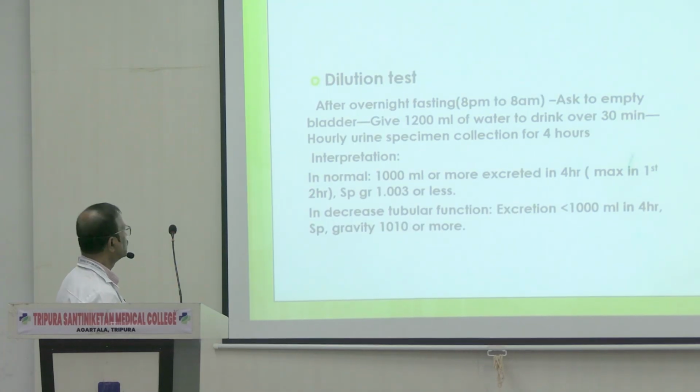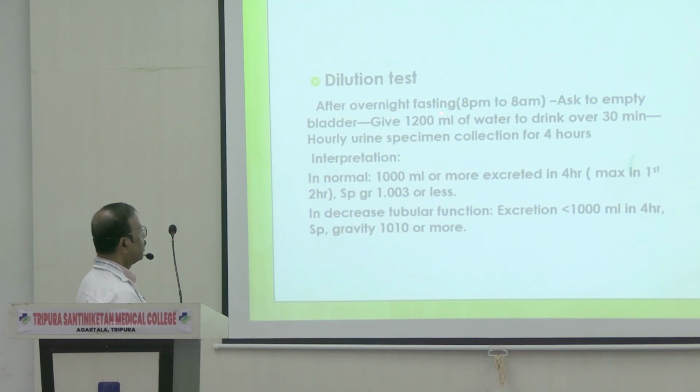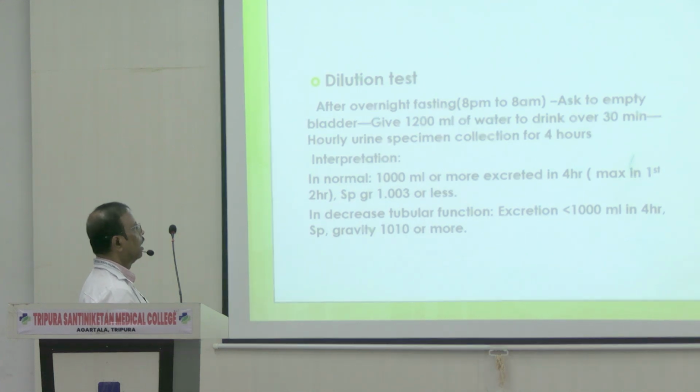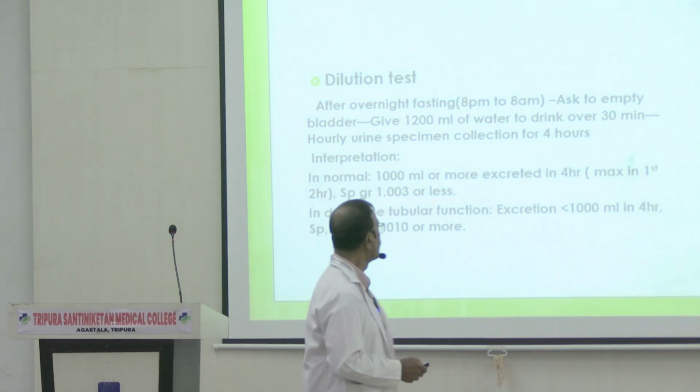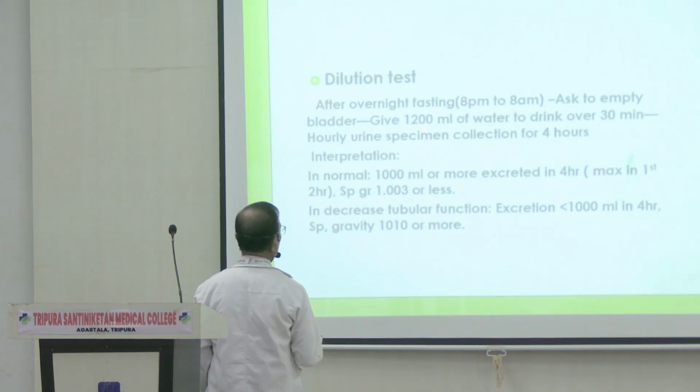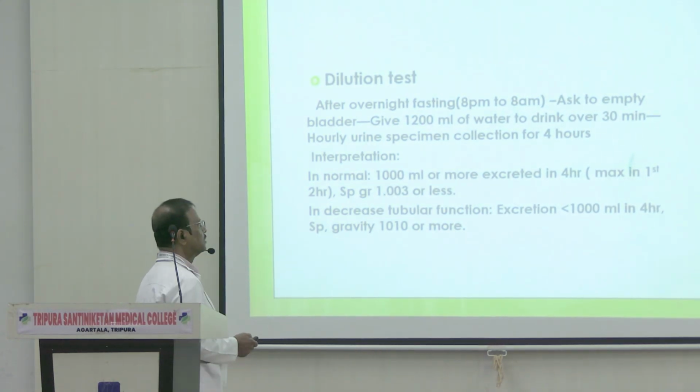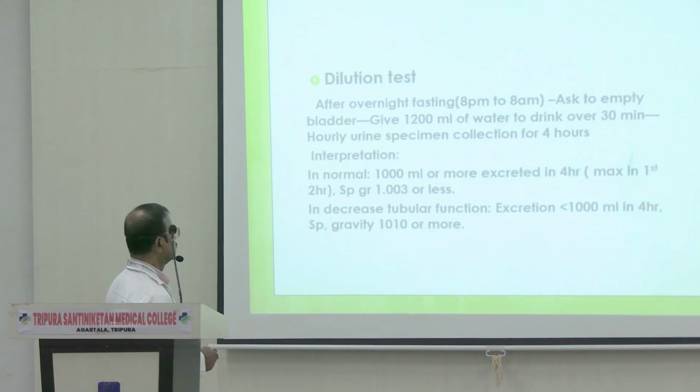Now, how is the dilution test done? After overnight fasting, the patient is asked to empty the bladder in the morning, and 1,200 ml of water is given to drink over 30 minutes.